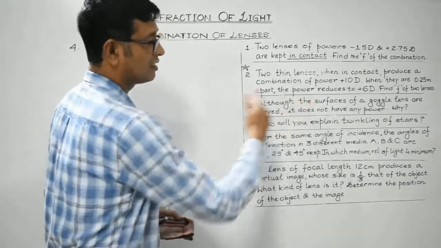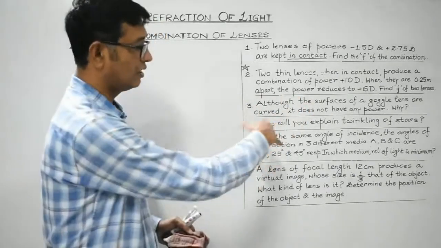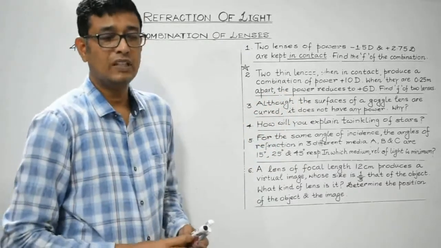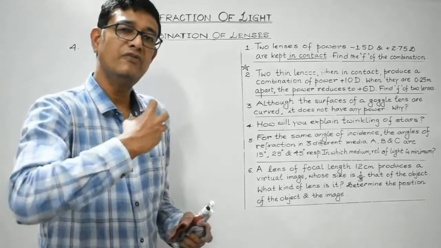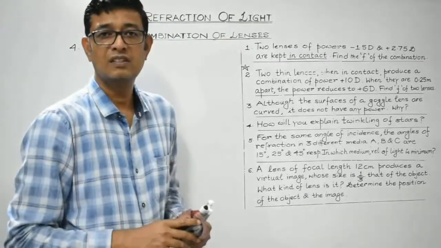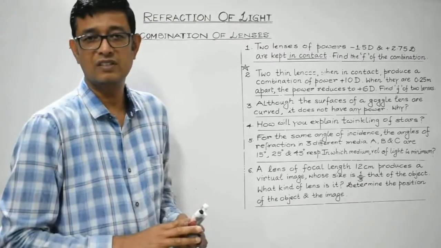So, why does the star appear to be twinkling? What's the reason for the twinkling of stars? Basically here, we are talking about those stars which are at a very, very far away distance compared to that of Sun. Sun is the nearest star to us, isn't it?